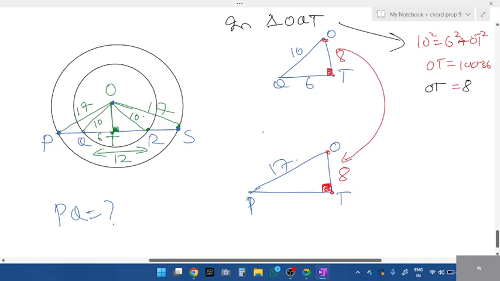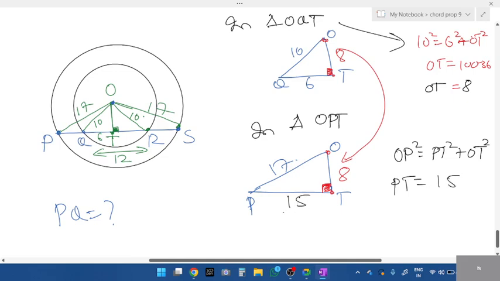Then in triangle OPT, draw the diagram and apply Pythagoras theorem. PT is equal to 15.